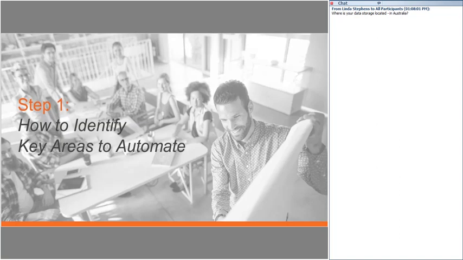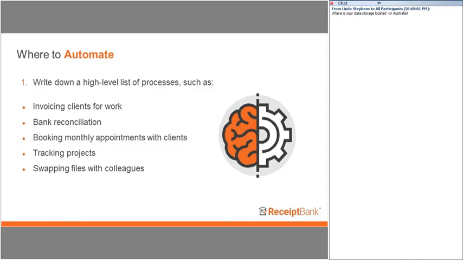So step one, how to identify key areas in your firm that are prime for automation. We recommend to start really simple, really high level. So write down a list of the processes that exist in your firm.